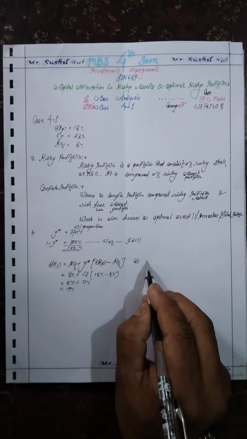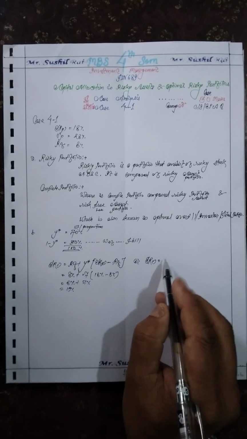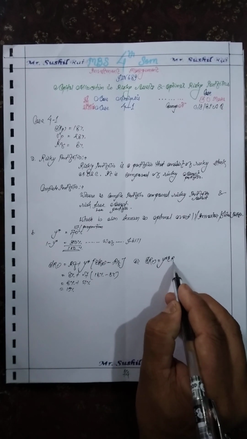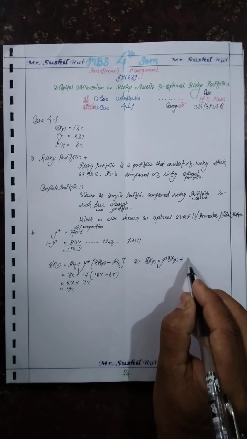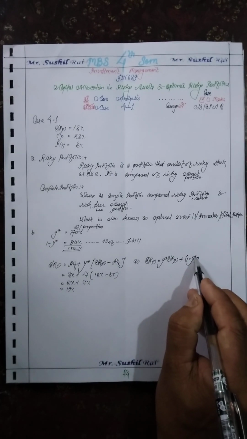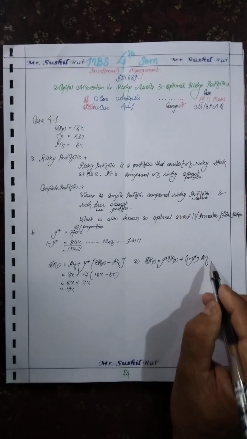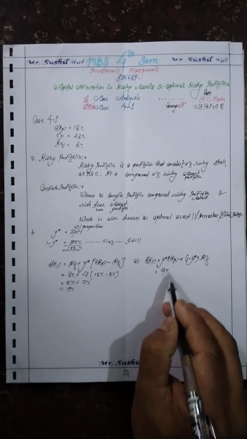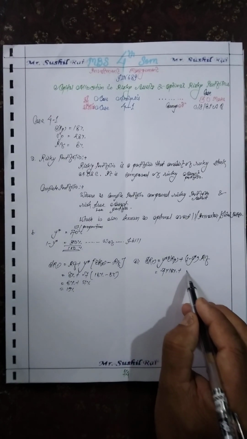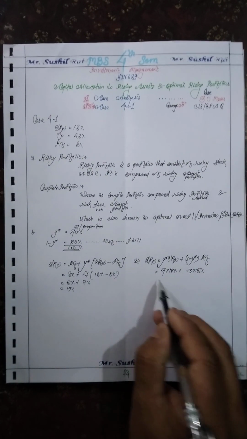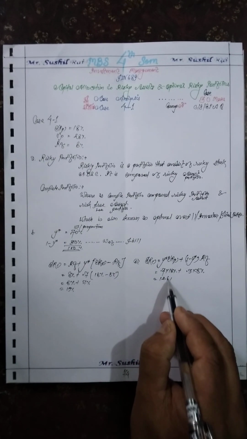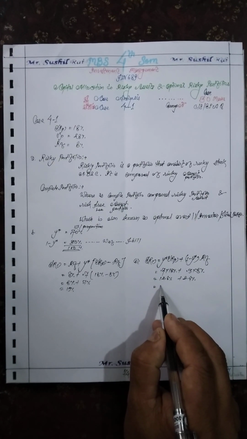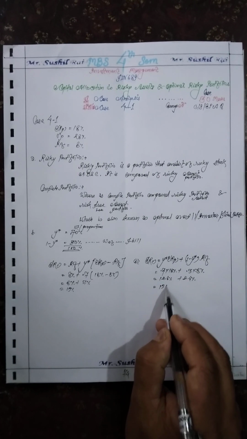Or E(RC) is equal to y star E(RP) plus (1 minus y star) RF, which is 0.7 into 18% plus 0.3 into 8%, 12.6% plus 2.4%, equal to 15%.